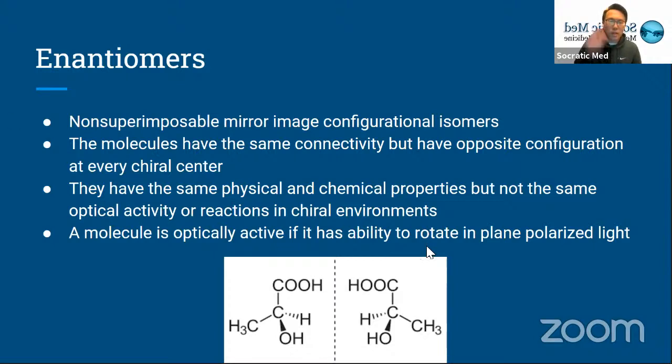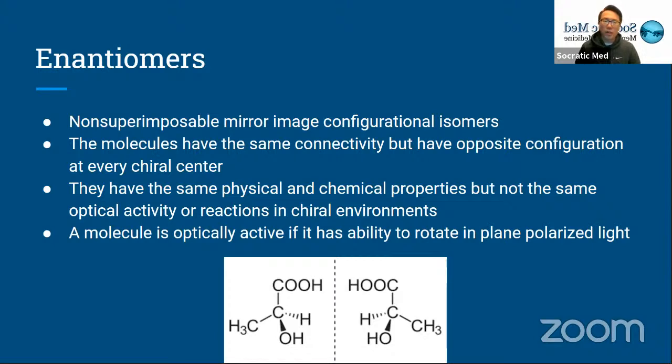Since they're all connected the same, but just have opposite configurations at the chiral centers, they'll have the same chemical and physical properties, but not the same optical activity or reactions in chiral environments. Because they have opposite configurations at the chiral centers, they'll have opposite optical activity.